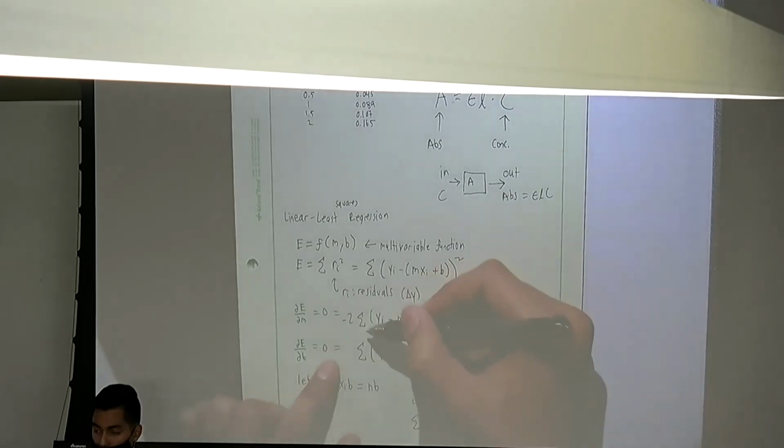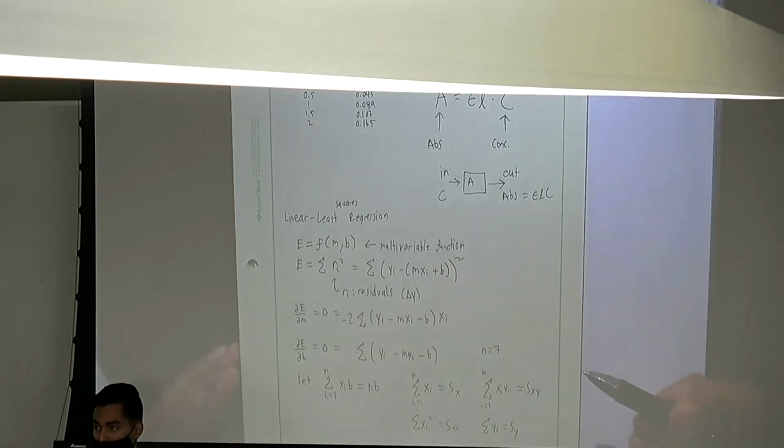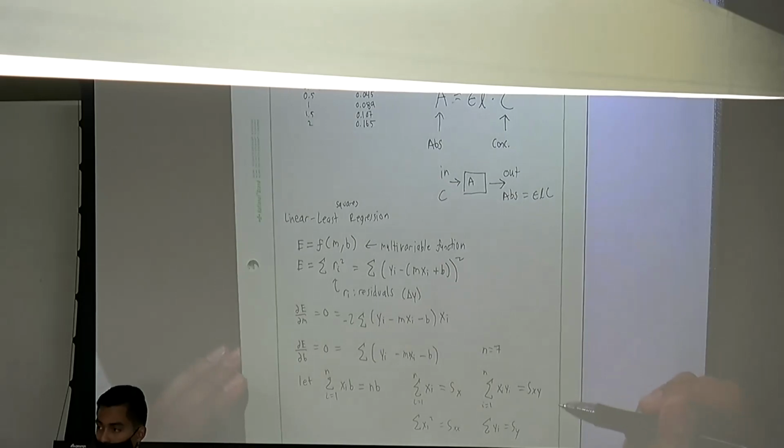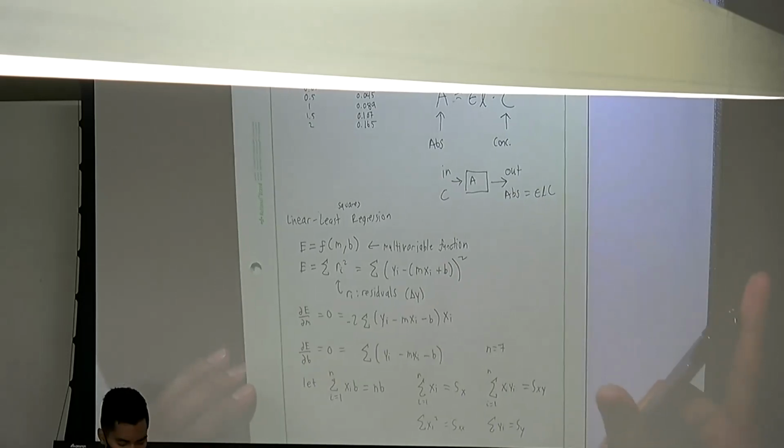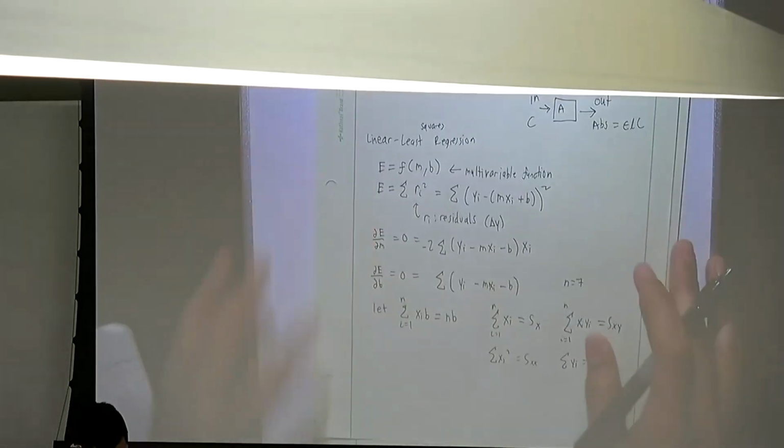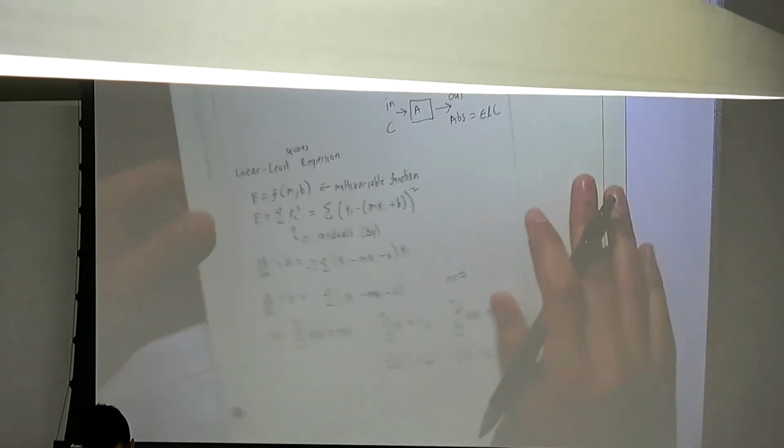So now we have a system of equations. How can we solve the system? I'm going to rewrite it just to make sure we're on the same page. So we have this system of equations. I'm going to do a little bit of rearranging.